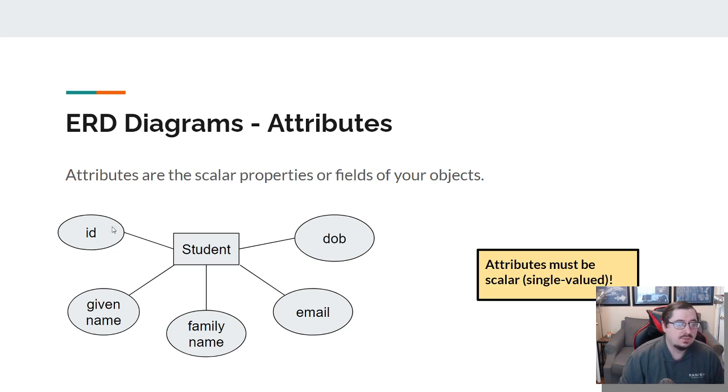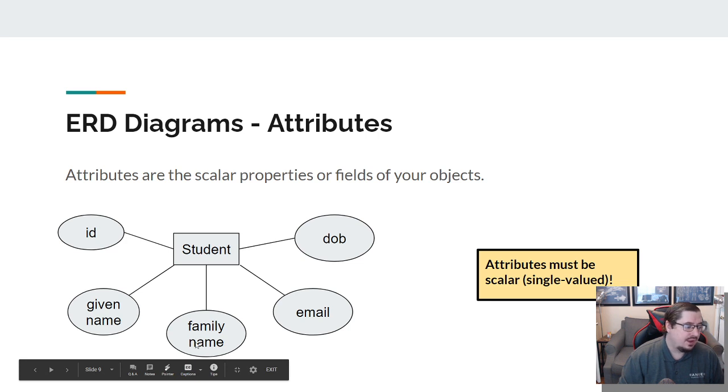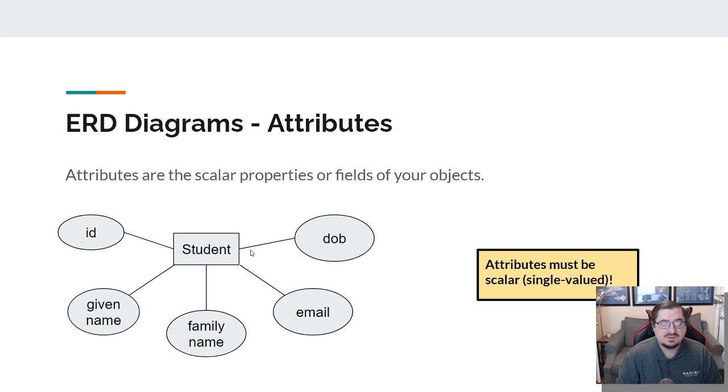So common things you might see on the student might be they have an ID, right? So you have the student ID, you have their given name or their first name, and you have their family name, their last name, their email address, and maybe their date of birth, right? So these would be kind of common things that you might know about a student, right? You'd have more, you'd have less. There's no limit to how many attributes your entities can have.